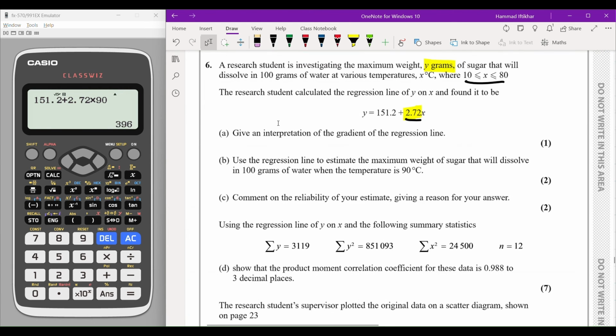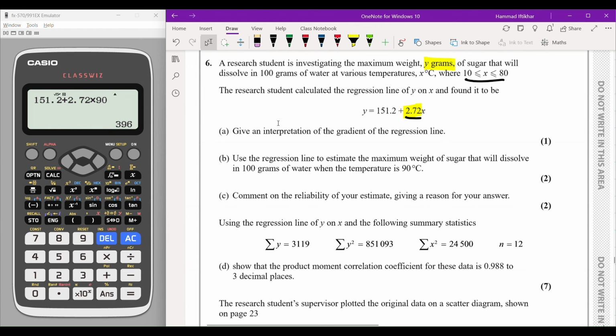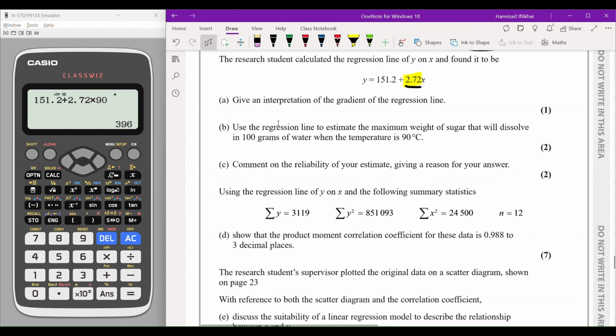Okay, all right. Using the regression line of y on x and the following summary statistics, show that the product moment correlation coefficient for these data is 0.988 to 3 decimal places.